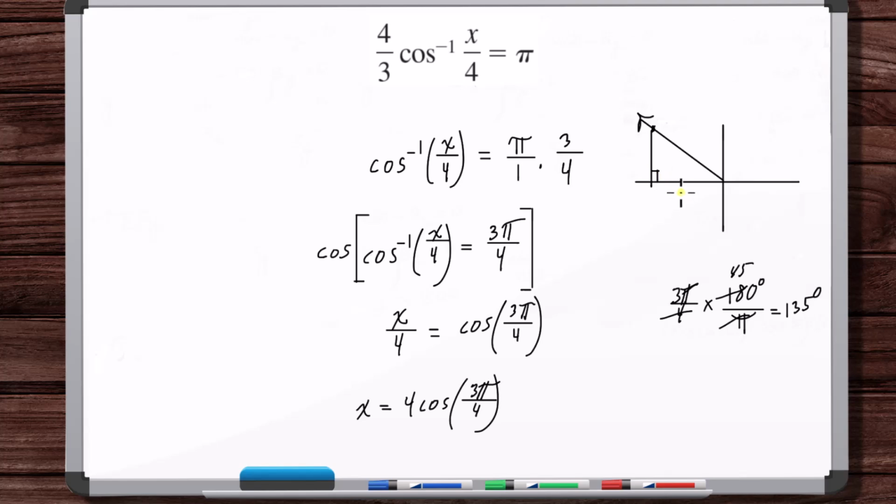So minus 1, 1, root 2. So minus 1 over root 2. 4 times minus 1 over root 2, so minus 4 root 2 over 2. So x is equal to minus 2 root 2.